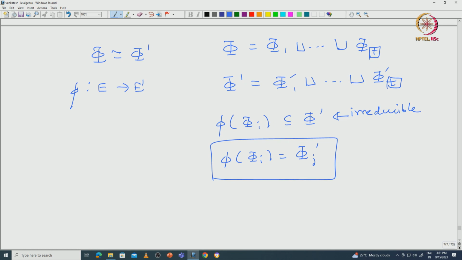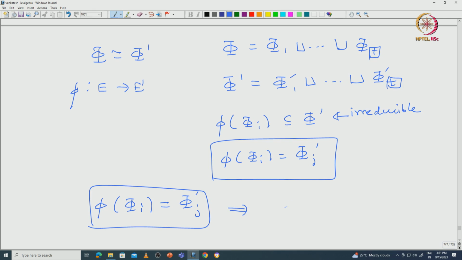Now, in particular, since pi induces an isomorphism from one irreducible component to another inside phi dash, phi_i is isomorphic to phi_j dash.